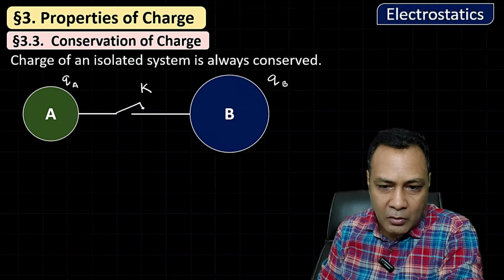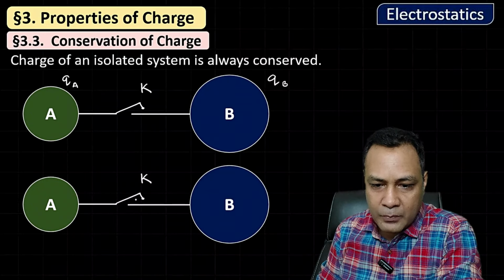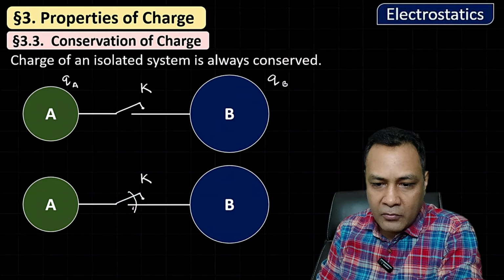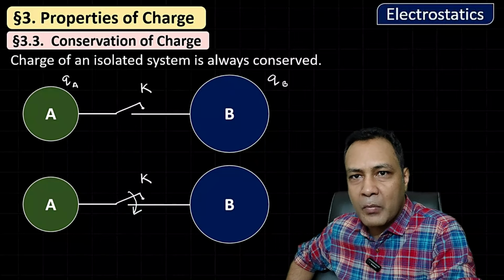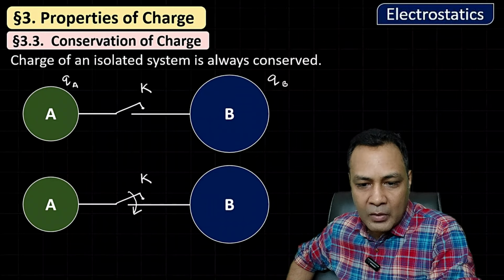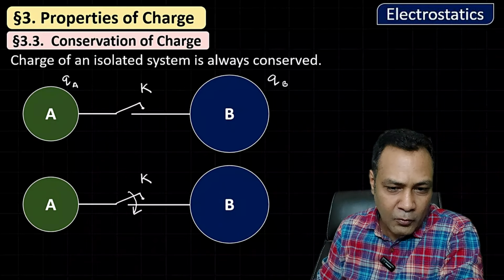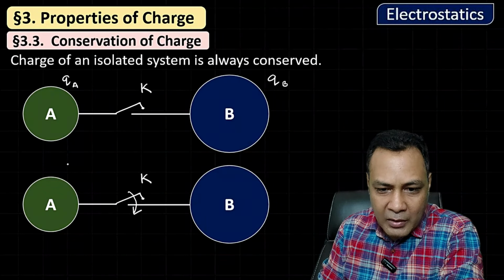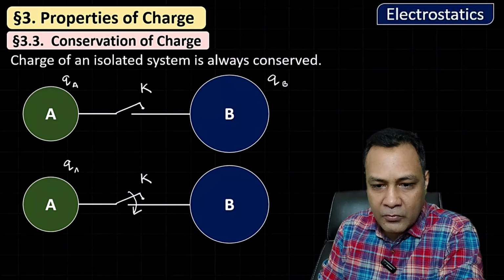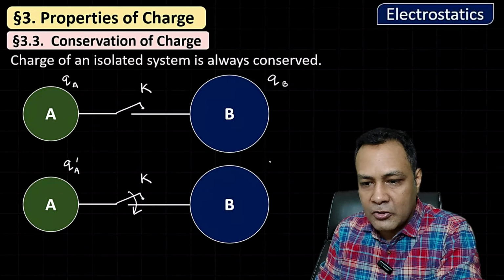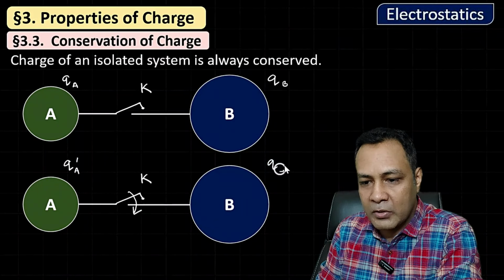Now if I close this switch, an electrical contact is made between A and B, so the closed switch facilitates the flow of charge. Due to the flow of charge, the new charge on A becomes QA dash and on B becomes QB dash.